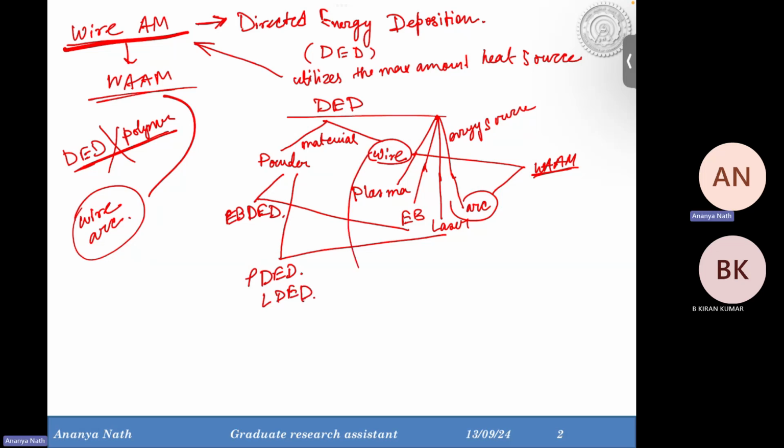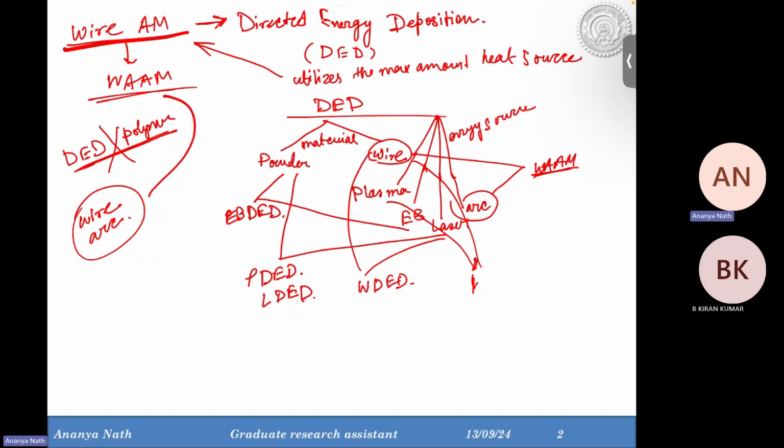Wire laser is also wire DED. Plasma and wire is also there, which is not WAAM but comes under DED. And these are a few combinations.